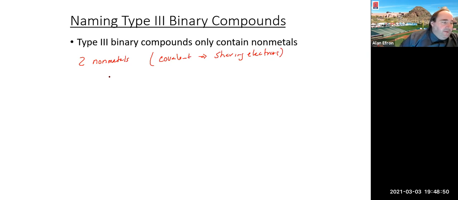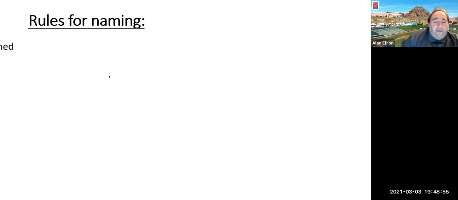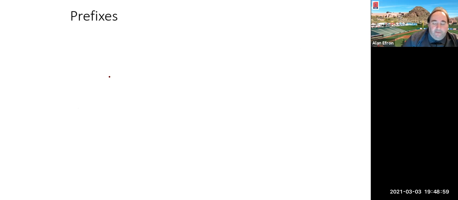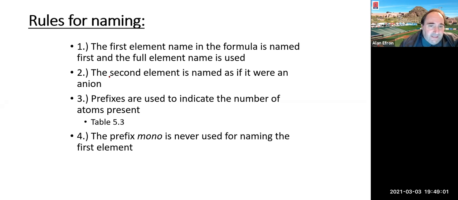These guys are the simplest to name and do, but I will also say they are the ones people screw up pretty much the most when they go about naming these, because they think it needs to be harder than it is. I will get rid of that table because it's not table 5.3 in this book, but you do have a similar table in your book of the prefixes.